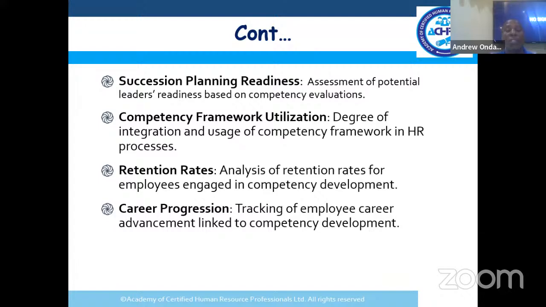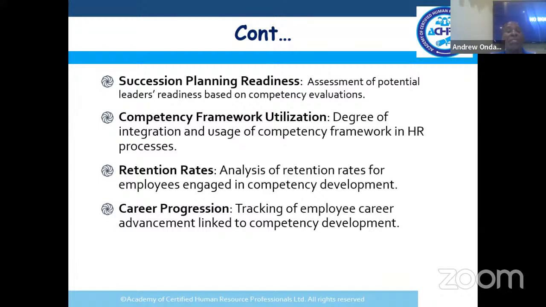On the retention rates, we are talking about the rate at which we retain those people who are competent. Usually we retain people who have the right skills, knowledge, experience, and talent. These are the competencies we are looking for. So retention rates refer to the number of people who remain with the organization for a period of time.